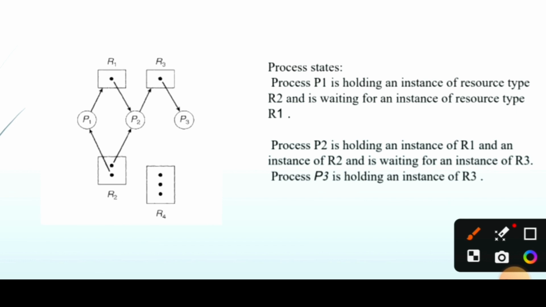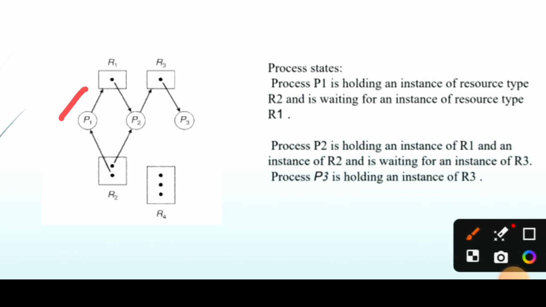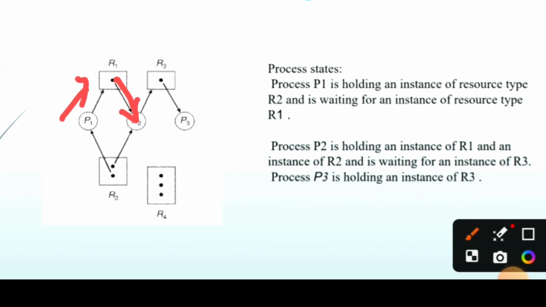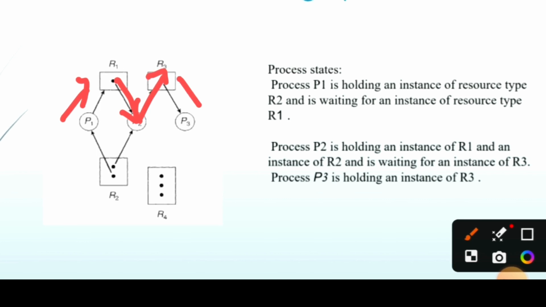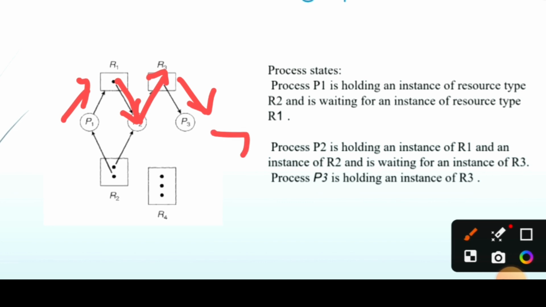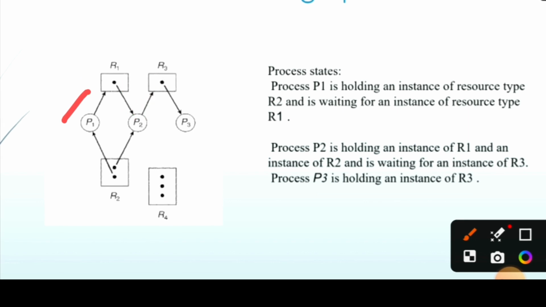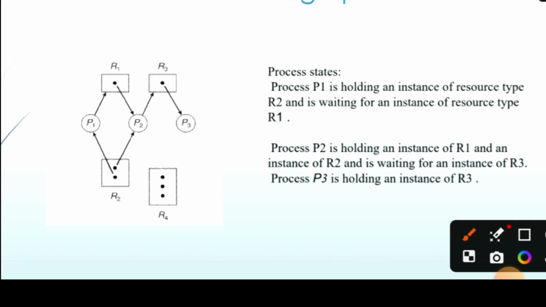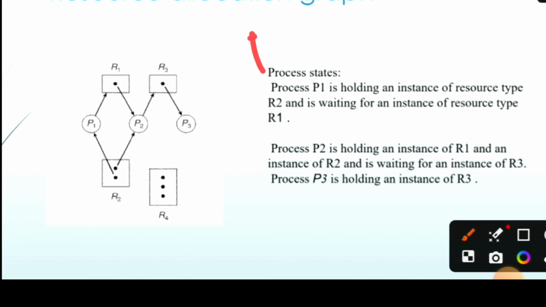For example, here you see that P1 goes to R1, R1 goes to P2, from P2 it goes to R3, R3 goes to P3, and P3 is not going anywhere. So there is no cycle here. In this particular resource allocation graph, we can say that no deadlock occurs.